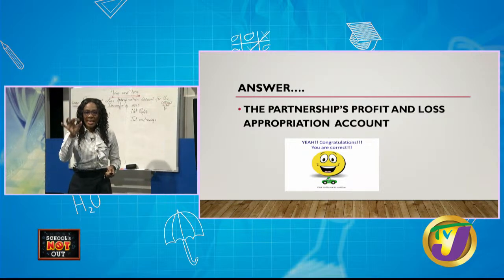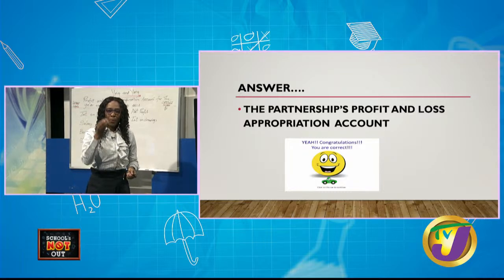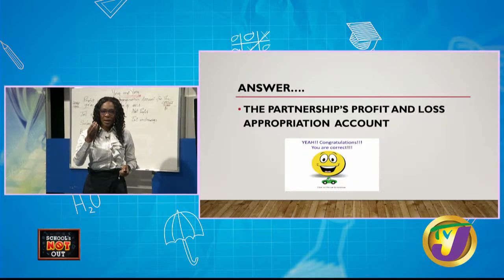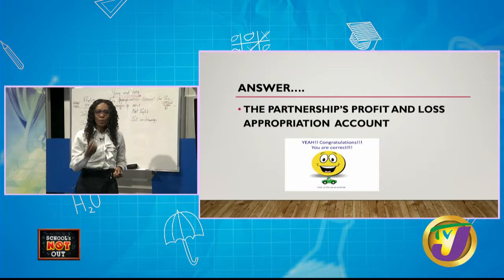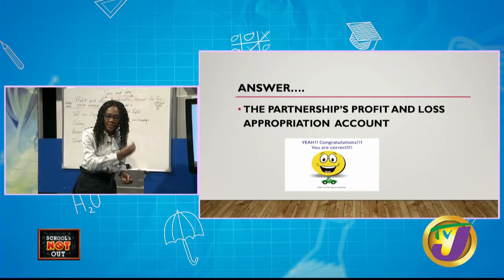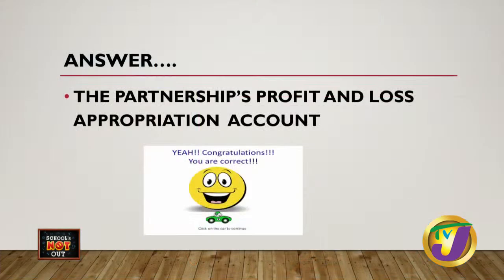So we take the information from the partnership's profit and loss appropriation account and plug them in the current account, because the profit and loss appropriation account would have had items that the partner received so as to increase his or her capital, as well as items that the partner had taken out so as to decrease his or her capital.